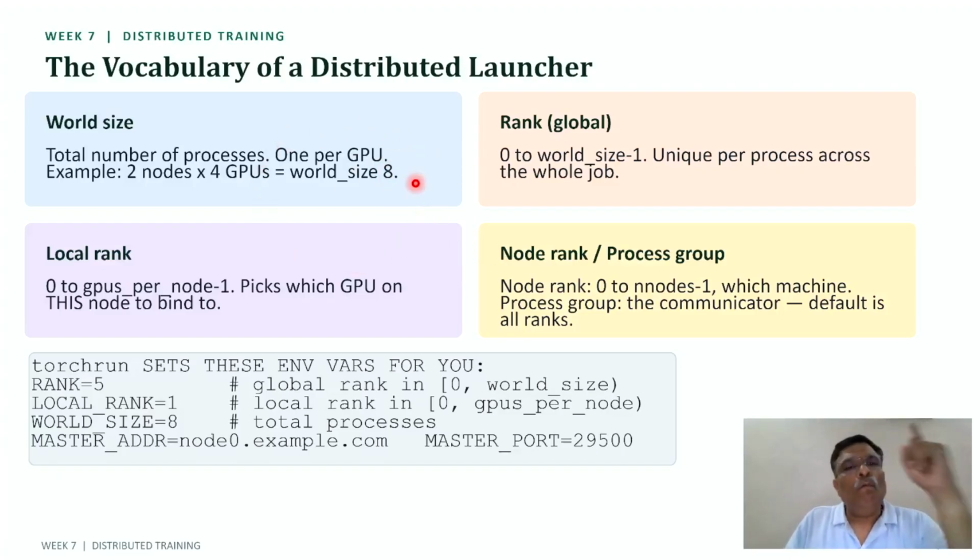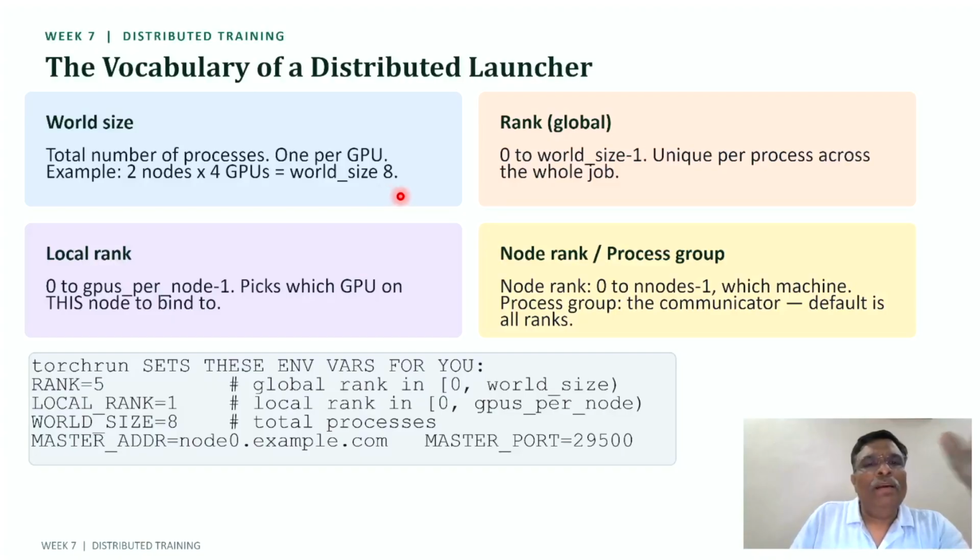This means one node has 4 GPUs, and we have 2 nodes, so we'll get 8 GPUs. And by default, let's assume we are running one process per GPU. So our world size is 8 processes.